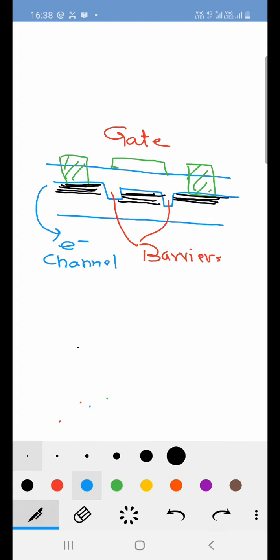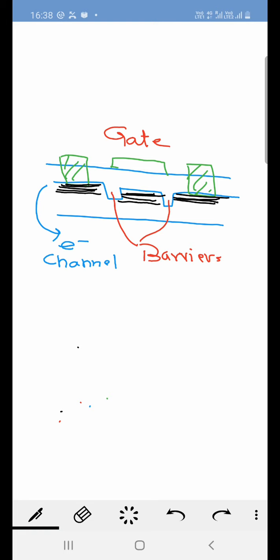So this will also create a potential well something like this.